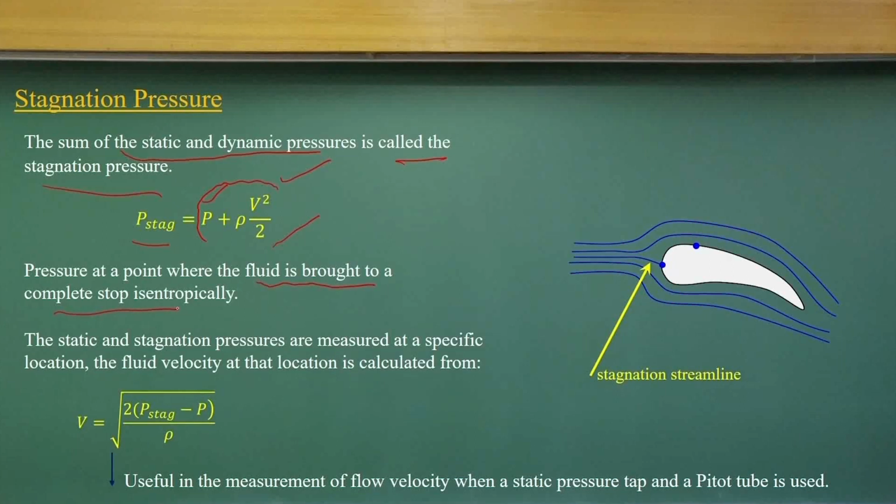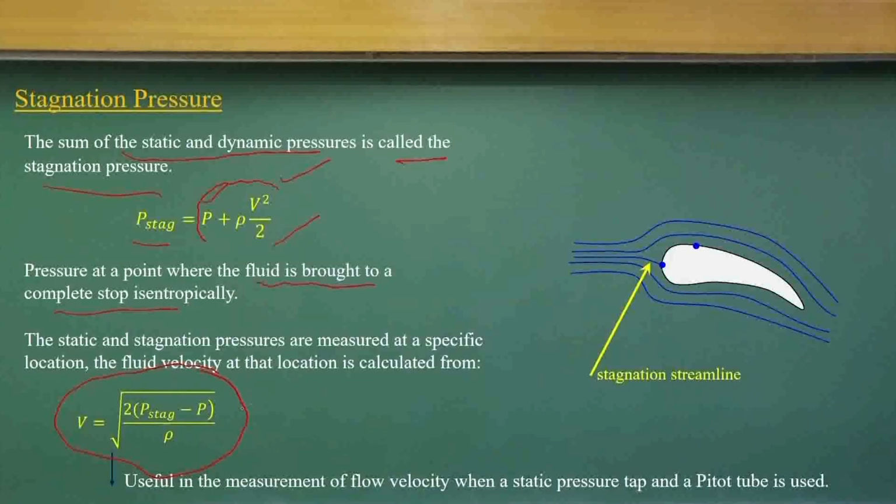Those equations we can rearrange to compute the velocity. I think this is used even in the modern era in any aircraft's wings. You can see there are pressure sensors, and based on these pressure sensors we can easily compute the air speed.